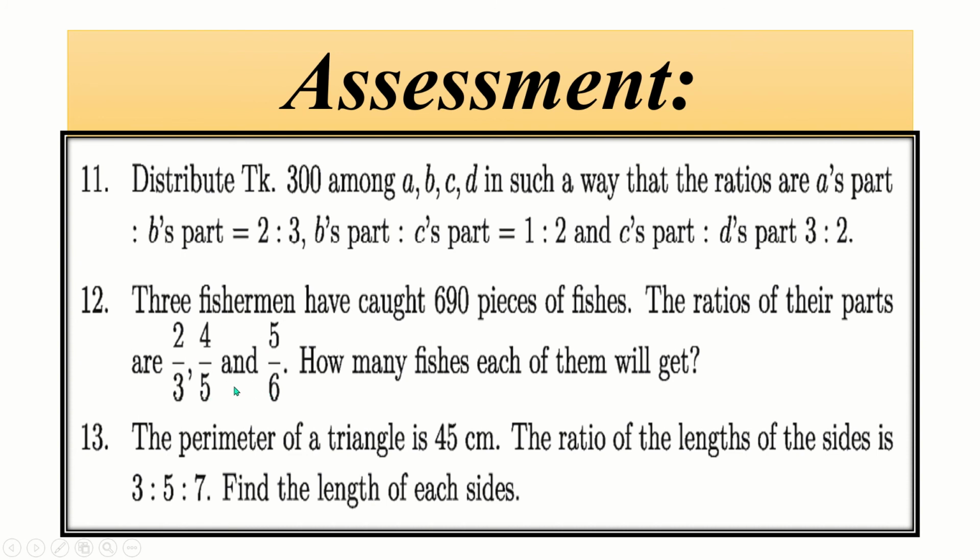If the given ratio is in the form of simple fractions, for making integers, we have to multiply each ratio by the LCM of the denominators of the given ratio. Here the LCM of the denominators, that means 3, 5 and 6, will be maybe 30.